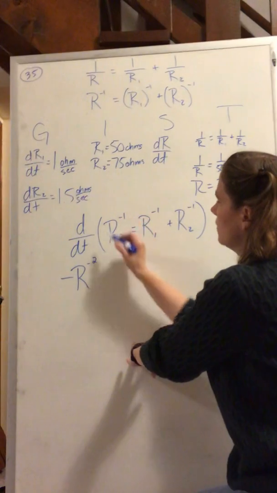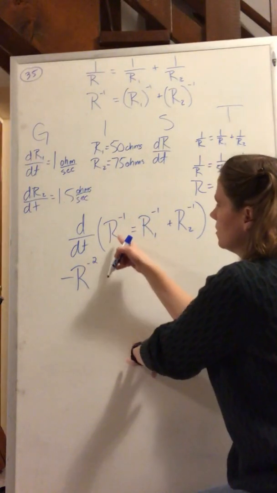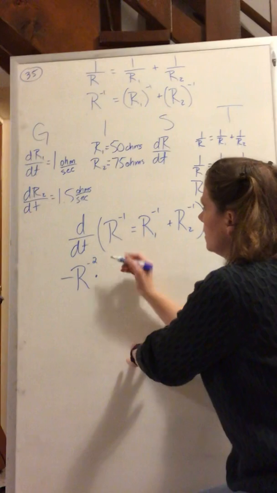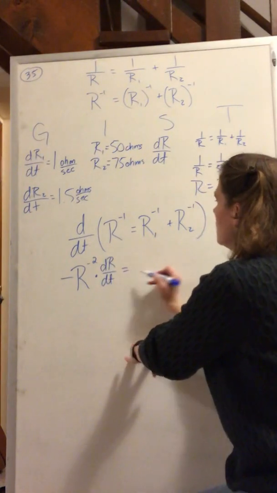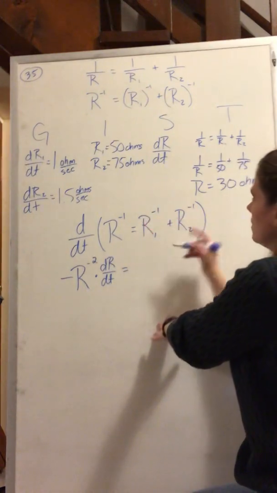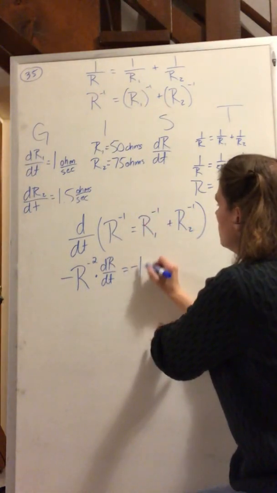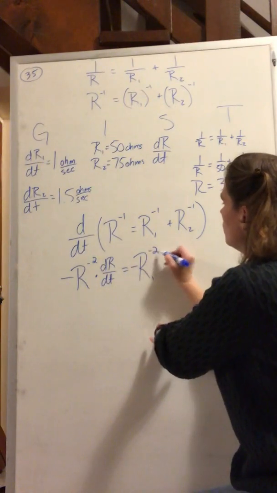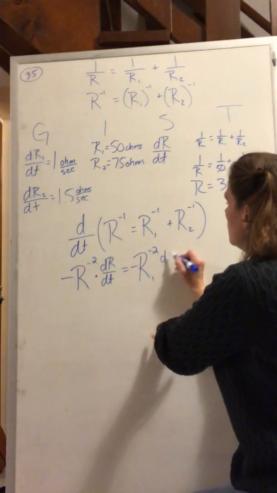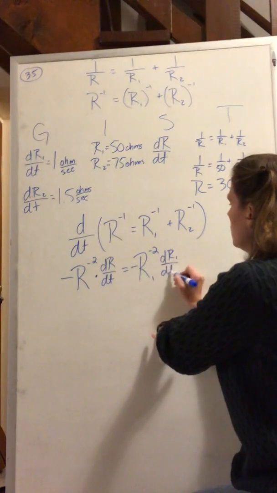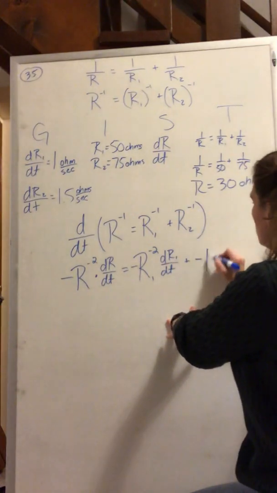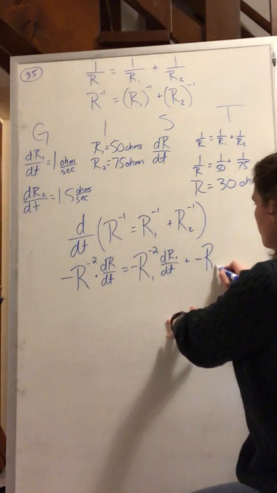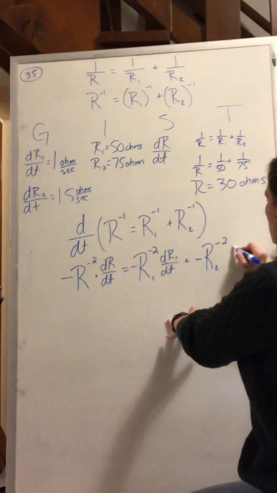There's the derivative of my outside function. But this resistance changes with time, so the derivative of the inside function would be dR over dt. That's going to equal same deal here and same deal here. So this is going to be negative 1 times R sub 1 to the negative 2 dR sub 1 over dt, plus negative 1 times R sub 2 to the negative 2 dR sub 2 over dt.